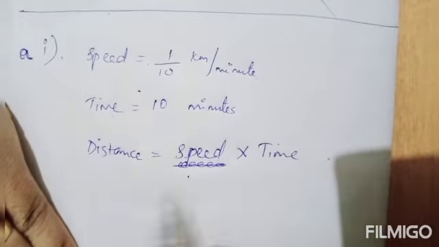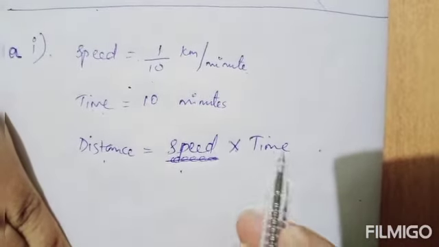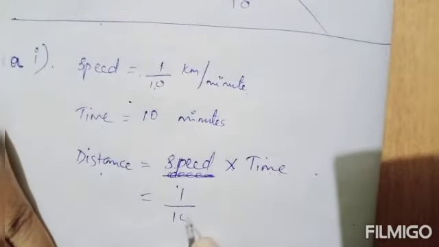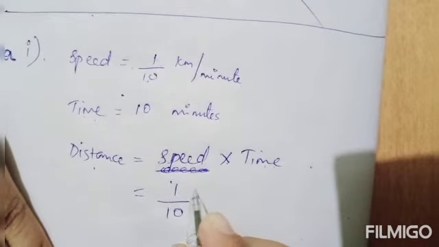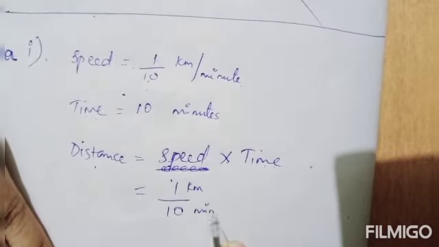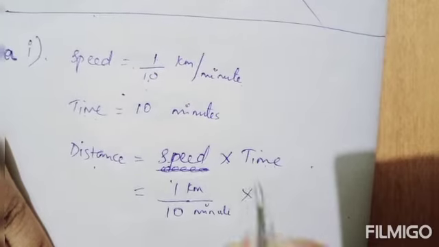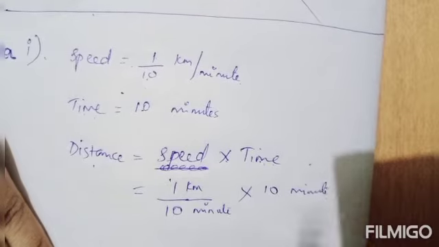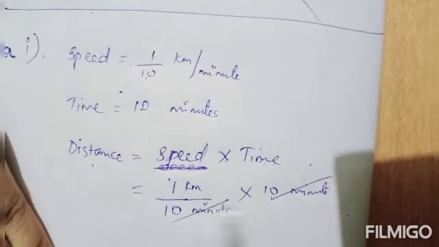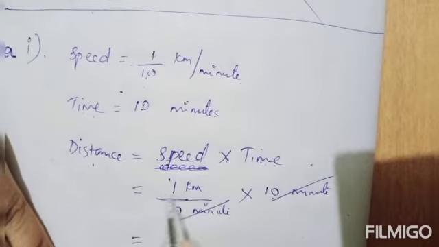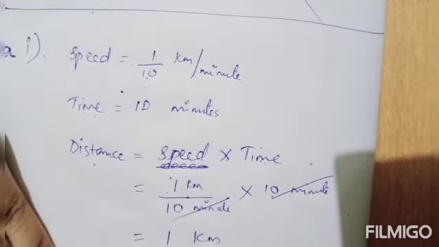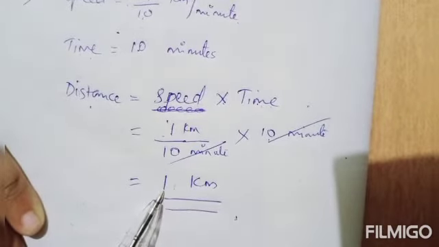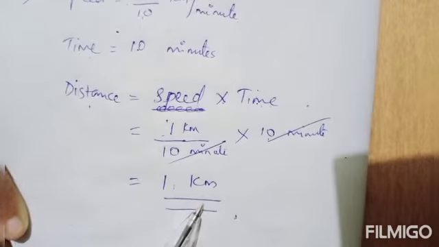The formula is distance equal to speed into time. The speed here is 1 by 10 kilometer per minute, into time, which is 10 minutes. So this 10 minutes we can cancel, and it will be 1. So the answer is 1 kilometer. So in 10 minutes he will go 1 kilometer.